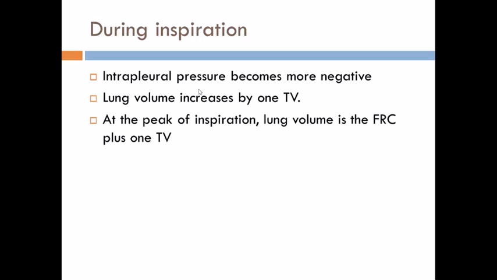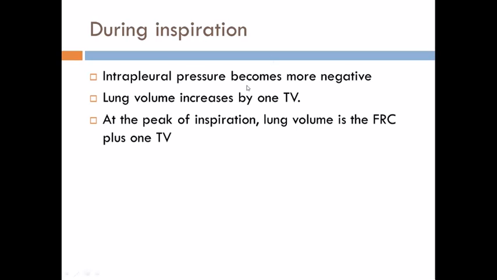So when you are pulling the parietal pleura outward during inspiration, and the lung is trying to pull inward due to its elastic connective tissue, this creates a negative pressure inside the pleural cavity, and I have another video on it. You can watch it to understand why it becomes more negative.